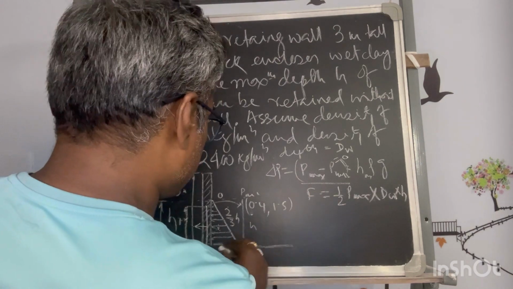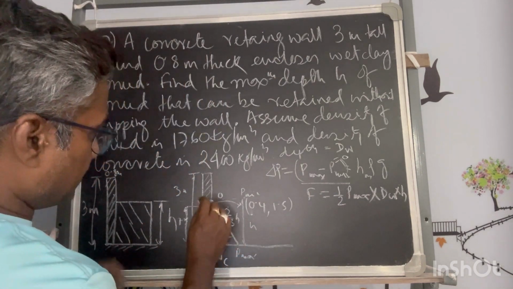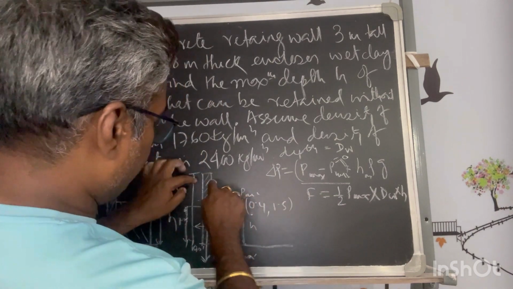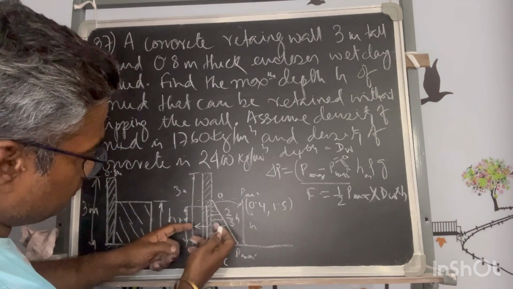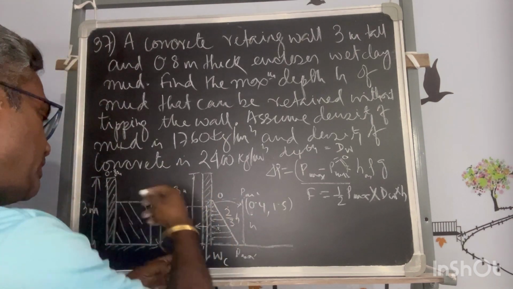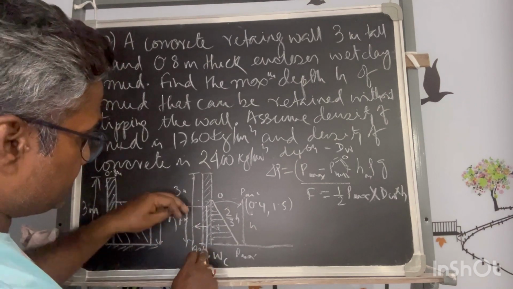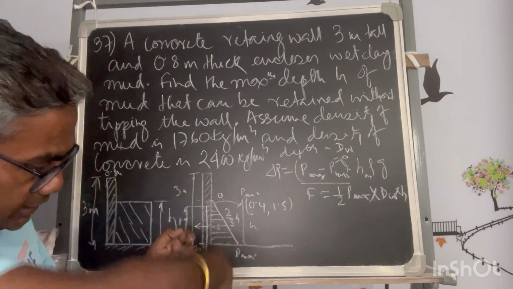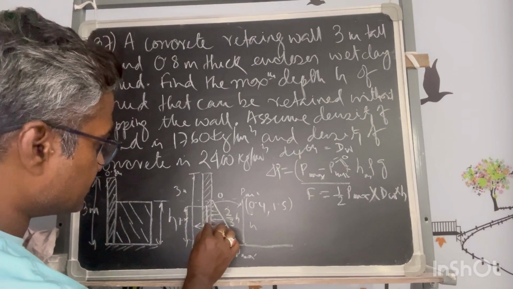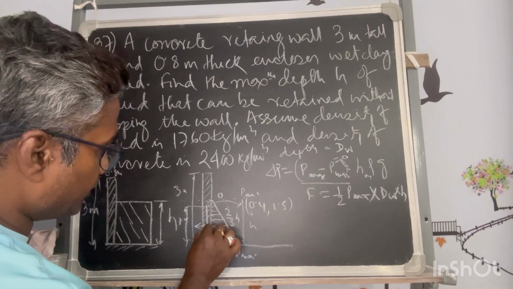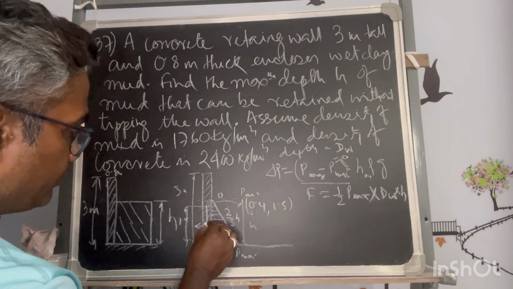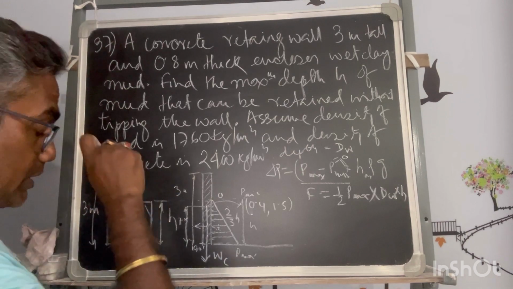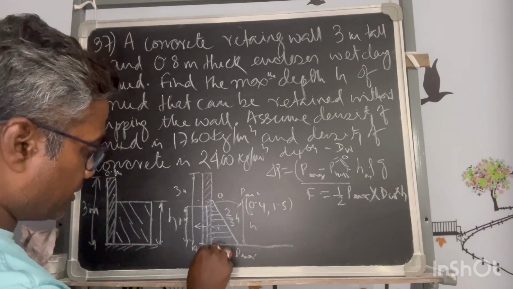Okay, so force is acting. As the wall is stable, whatever moment the force due to this mud creates clockwise will be balanced by W in the anti-clockwise direction. Now this is the intersection point, so against this point the moment of the force will be the same.